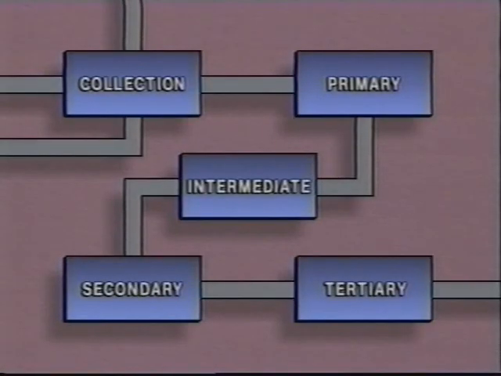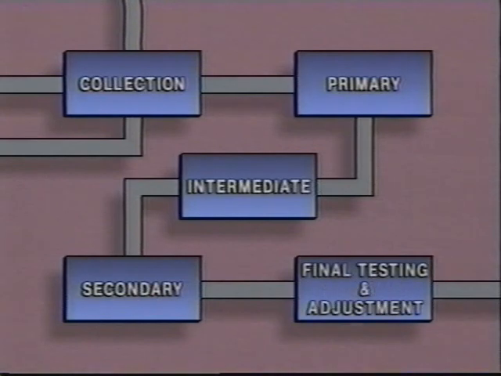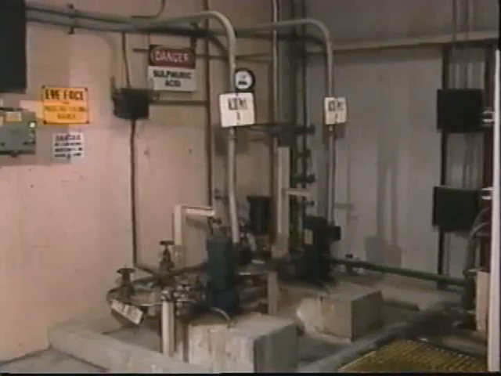Before determining cause, additional preventive measures may also be necessary in the last or tertiary stage of treatment. Before the treated water can be reused or discharged to the environment, it has to undergo a process known as final testing and adjustment. One function of this process is adjusting the pH level of the water.